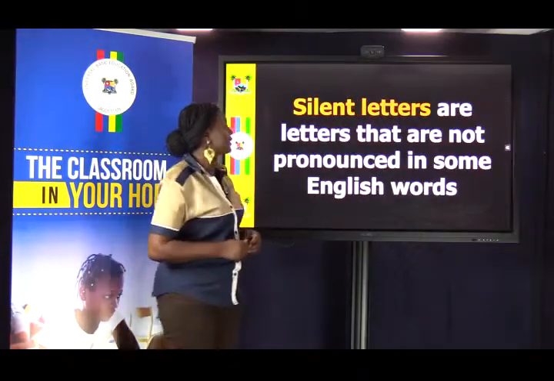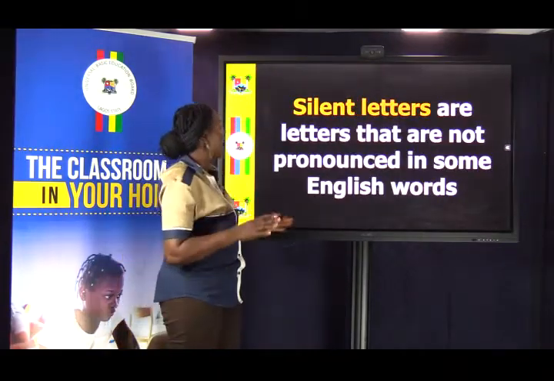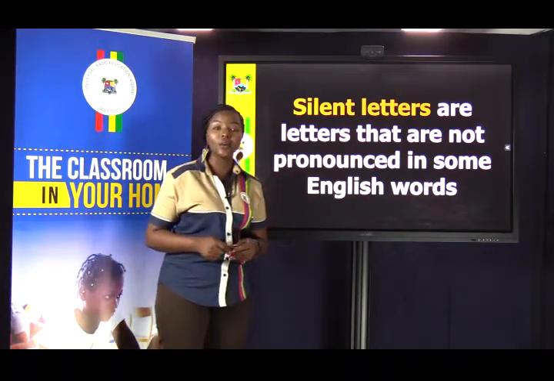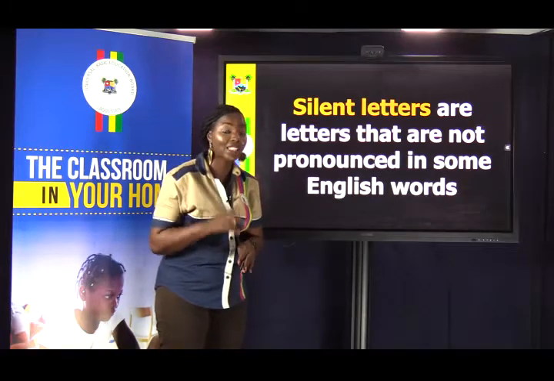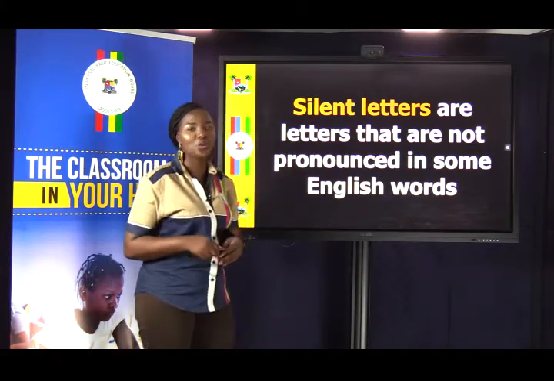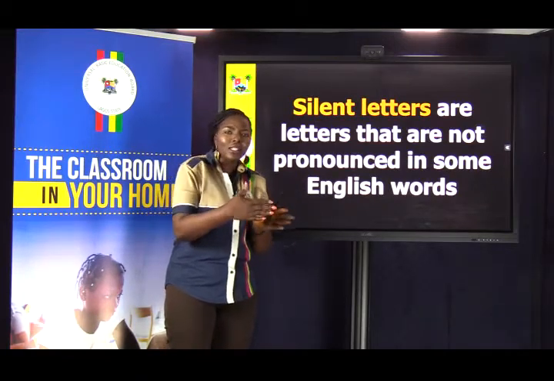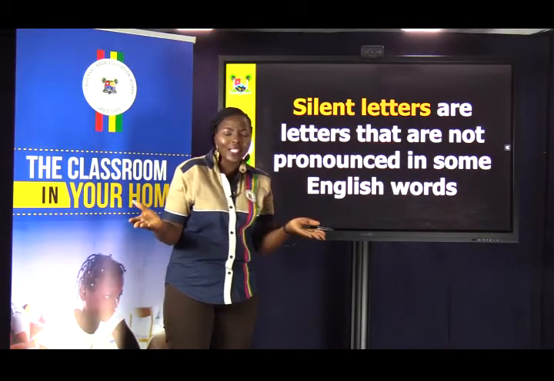So, silent letters are letters that are not pronounced in some English words, okay? They are not pronounced in some what? In some English words. We tend to look at some particular words and you notice I'm not calling all the letters in these words. What is happening?